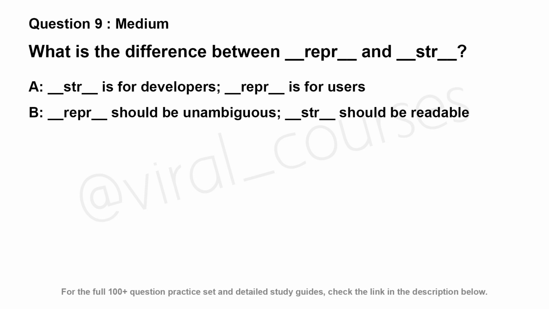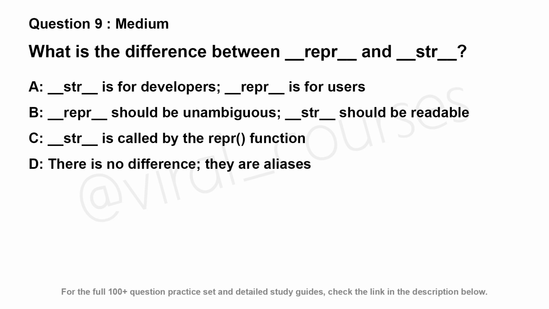Option B. __repr__ should be unambiguous. __str__ should be readable. Option C. __str__ is called by the repr function. Option D. There is no difference. They are aliases.